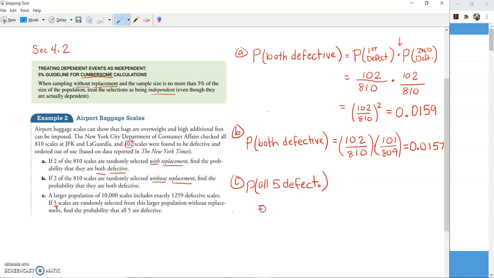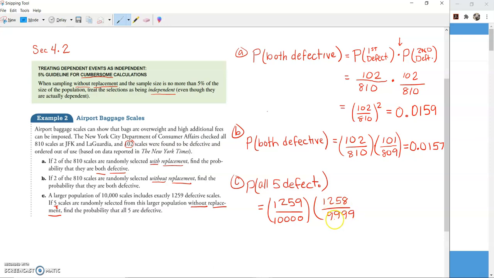Our numbers would say we've got 1,259 defective out of 10,000. And then we're still doing this without replacement, so our next fraction would go down by 1. It'd be 1,258 out of 9,999.